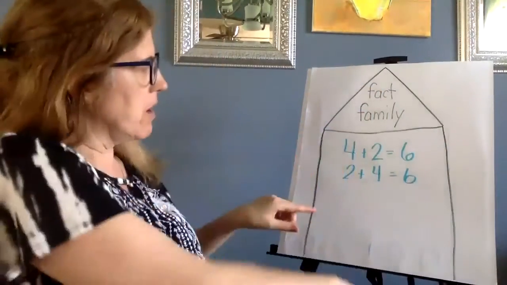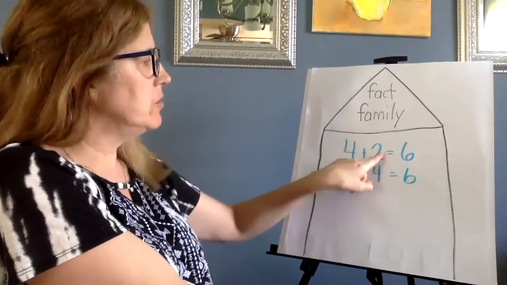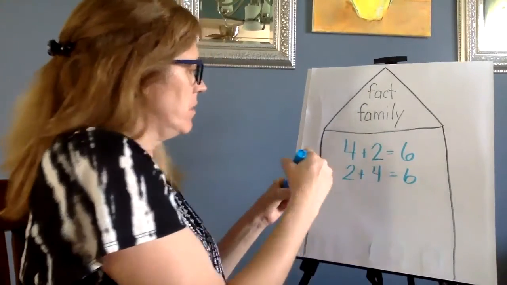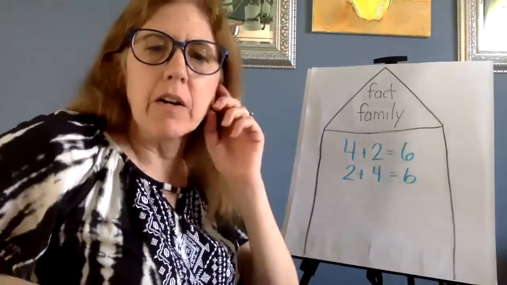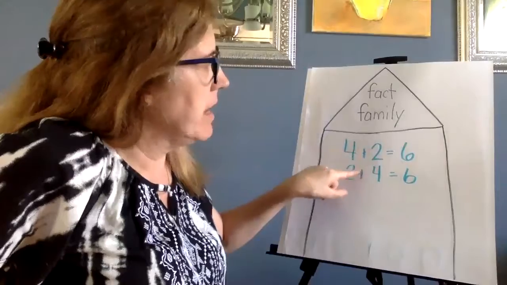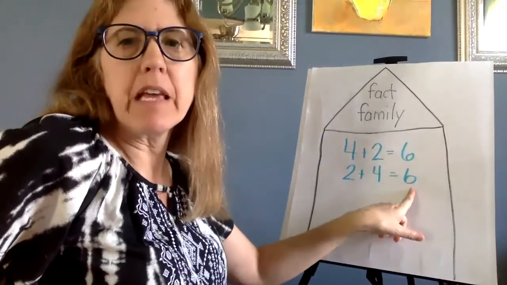You can see how the 4 switched places and the 2 switched places. That's called a turnaround fact. So the first part of our fact family is 2 addition sentences, and they're turnaround facts. They always have the same number at the end.